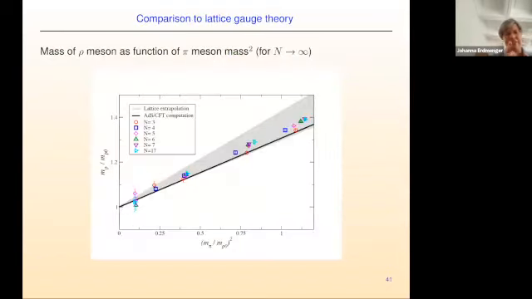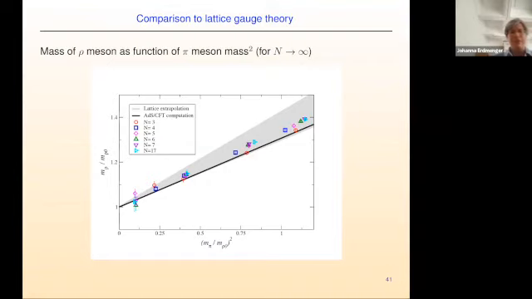The very nice thing is that we can compare our results to results that were obtained in lattice gauge theory. Let me explain the philosophical significance of this picture. Lattice gauge theory is a computer-driven way of solving QCD at low energies. People invest a lot, and this got very powerful now with new computers.